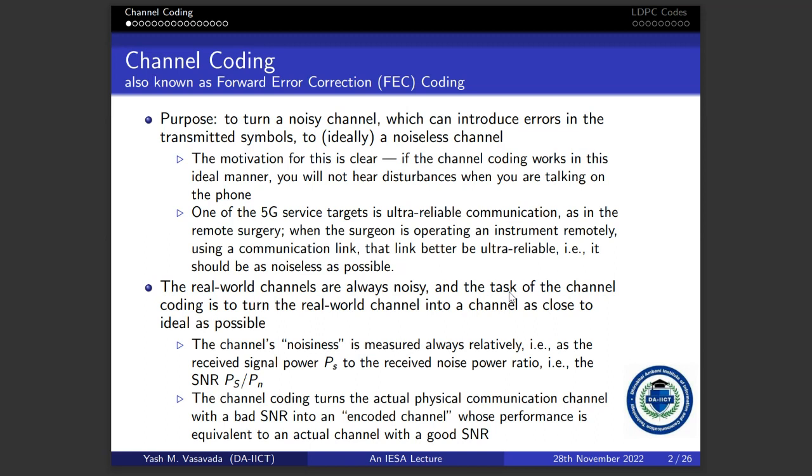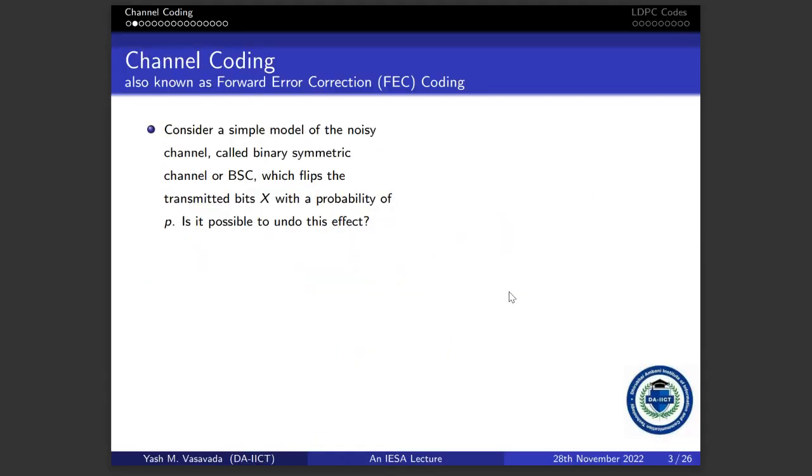Okay, so that is the main idea of this channel coding scheme, and the whole smartness and the intelligence and the clever mathematics that people have developed over a number of years is trying to solve this essential problem: how to make a channel with bad SNR turn into a channel as if it is a good SNR channel, sort of a virtual channel, which appears as a very good channel to the end user.